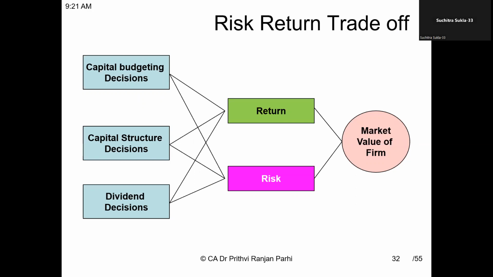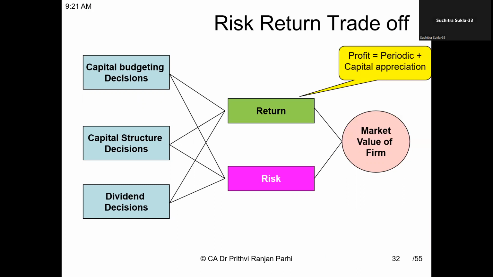And if you recall, in our last session we discussed that return loosely means some kind of profit or capital appreciation. That is what we talk of as return. And when we try to understand what is risk, I had explained earlier: risk means the fluctuations of return.